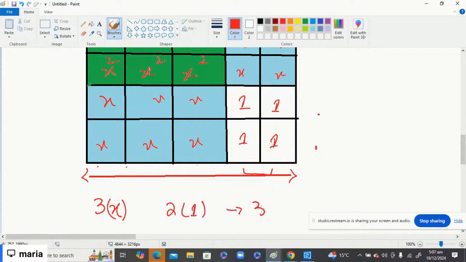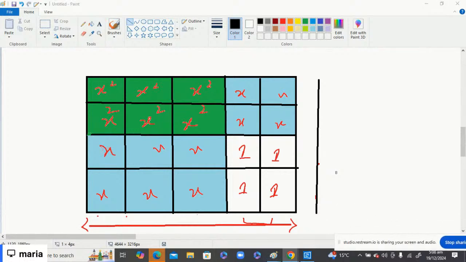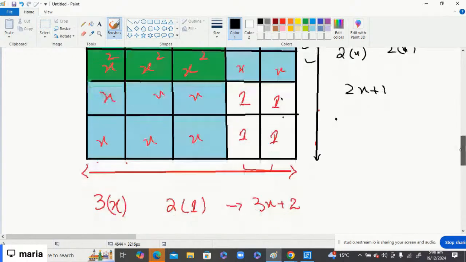So here it is 3x plus 2. Now the height. How many x? There are 2x, and how many ones? 1. So this becomes 2x plus 1. So we have 2x plus 1 and 3x plus 2.